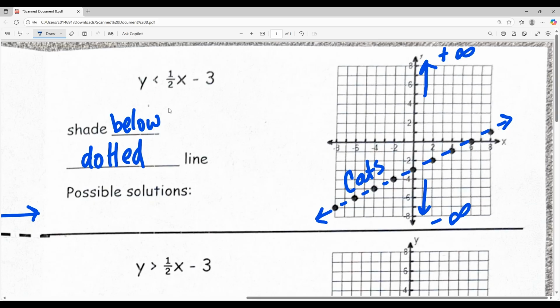We want to shade below. So I want to shade the side that does not have the word. Okay. So I'm going to shade this side. I am shading all the possible solutions.